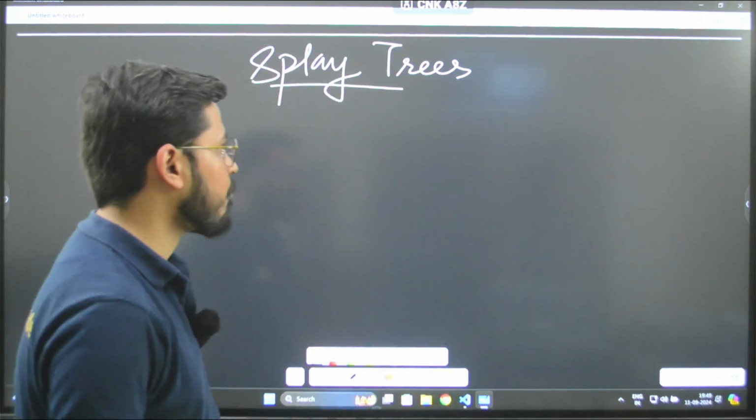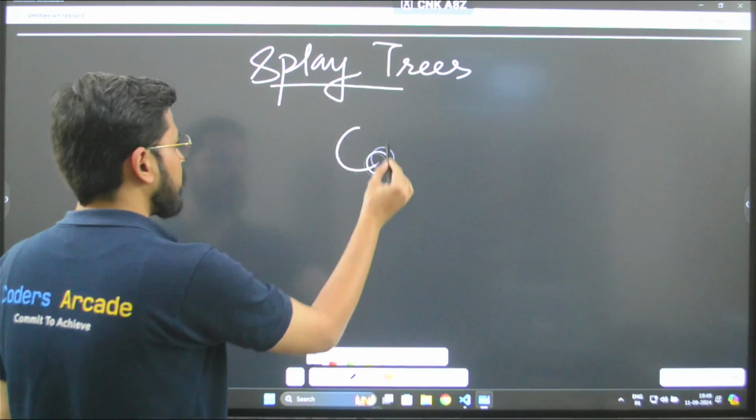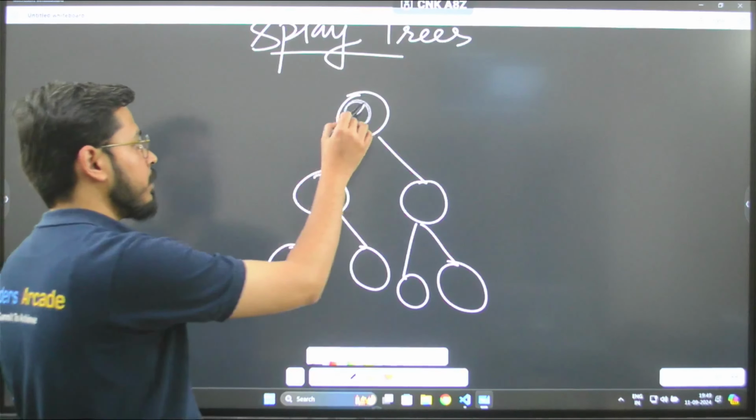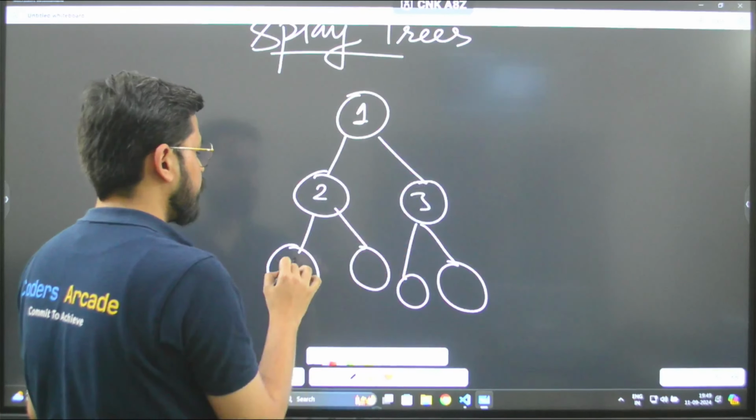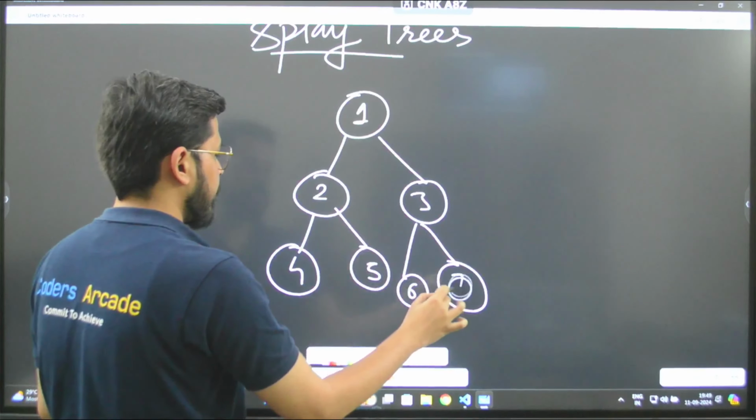Let us understand what a Splay tree is. So this is a tree, guys, and very familiar. Everyone has seen a lot of trees till now, correct? Let's say this is the tree and some values are kept: 1, 2, 3, 4, 5, 6, 7.